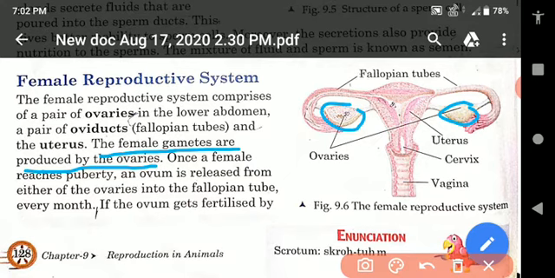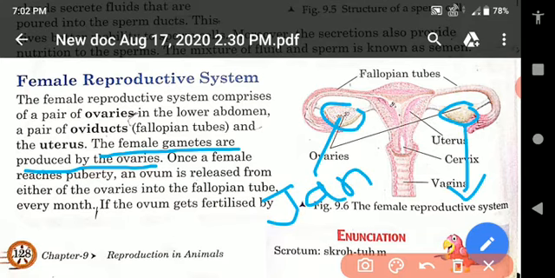Each ovary produces an egg in alternate months. Alternate month means if this ovary produces an egg in the month of January, in the next month the other ovary will produce an egg, or you can say ovum. In February this ovary will produce the ovum.